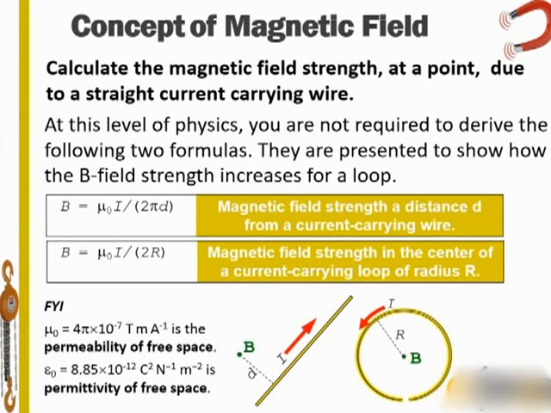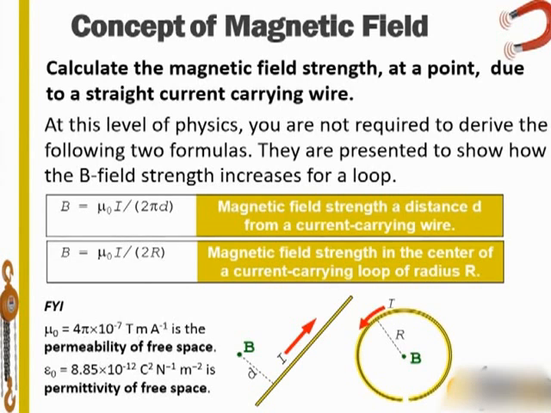But let's say you had an insulated wire in water and you wanted to find the magnetic field strength at a point at a distance d from the wire, then the permeability constant mu would be different than if it was in air, because obviously air and water are different.